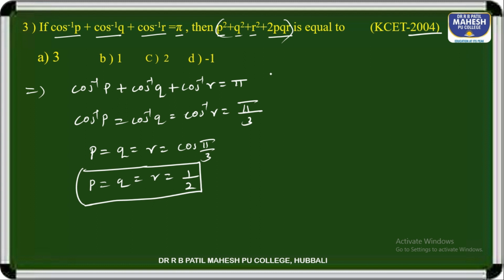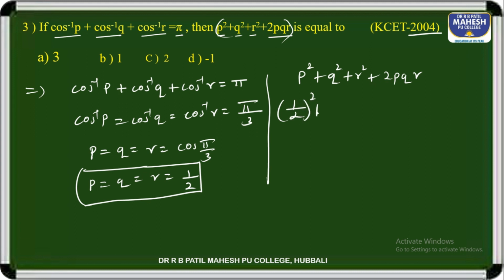So now my job is substituting these PQR values in the required expression. What is the required expression? That is P square plus Q square plus R square plus 2PQR. So your job is to write 1 by 2 in place of P. In Q, again 1 by 2, the whole square, 1 by 2 the whole square, plus 2 into P value 1 by 2, Q value 1 by 2, R value is also 1 by 2.